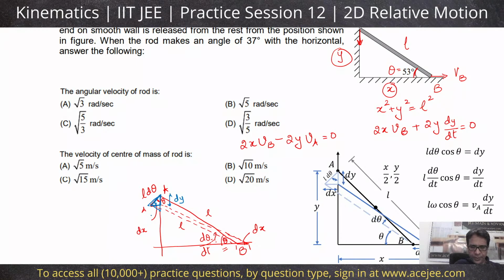So L d theta cos theta is dy, and L d theta sin theta is dx. So if you know either the speed of A or B, you can straight away find d theta by dt.